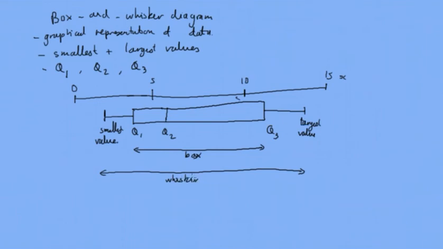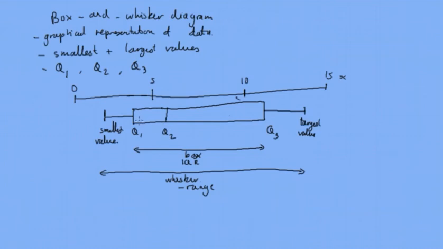So the whisker is the range. And we don't draw the range going right through the box part. The box is the interquartile range. And if your data set has units, you would put appropriate units on them, just make sure it's labelled properly.